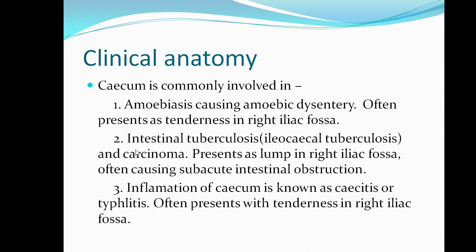Then intestinal tuberculosis, also known as ileocecal tuberculosis, and carcinoma of the ileocecal junction. This presents as a lump in the right iliac fossa, often causing subacute intestinal obstruction. Then inflammation of the cecum is known as cecitis or typhlitis. Often it presents with tenderness in the right iliac fossa.